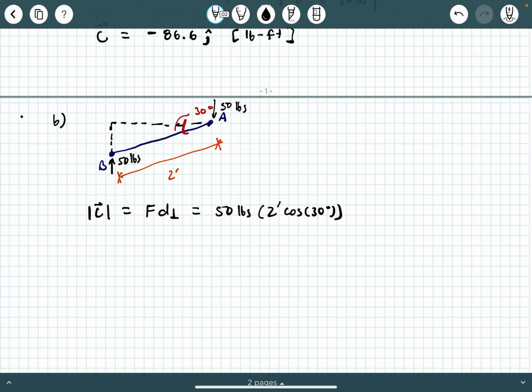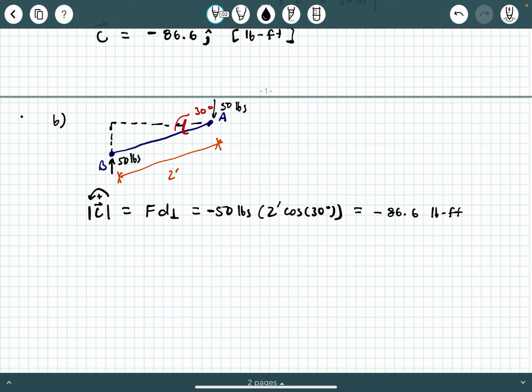And that's going to cause a clockwise tendency of rotation. So if I'm saying counterclockwise is positive, then this will be a negative here. And so when I punch this through, sure enough, I get negative 86.6 pound feet, okay?